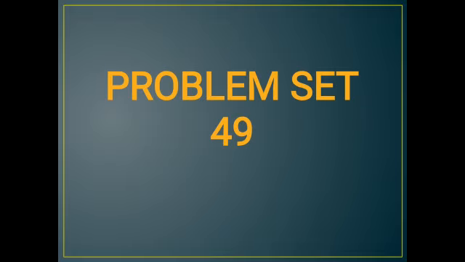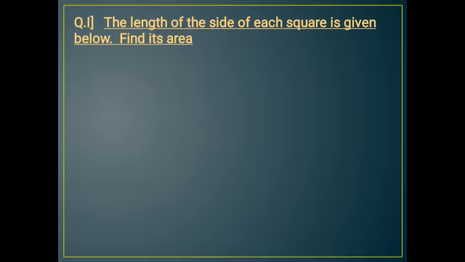So with this we will start with our problem set 49. In 49 we have a word problem as well as direct questions. The first question says: the length of the side of a square is given below, find its area.